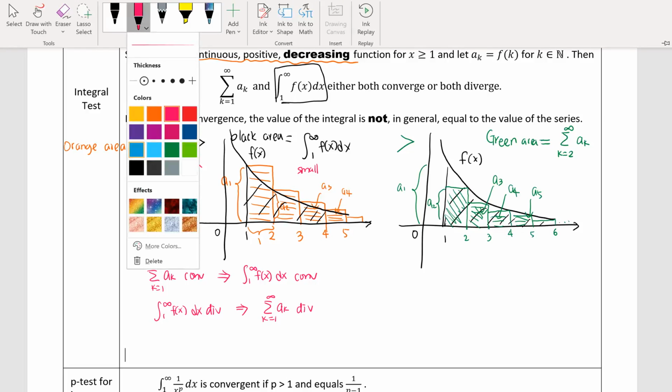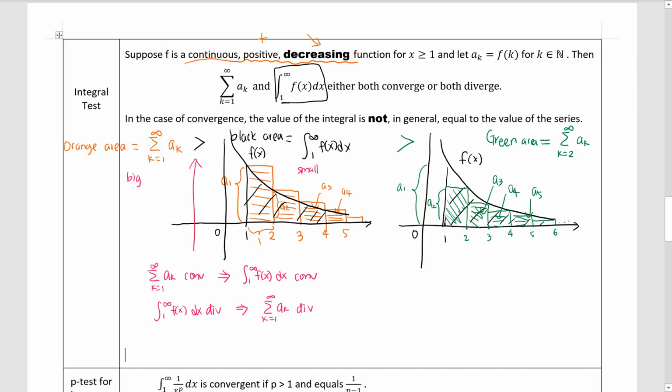Alright, and how about the second picture? Well, the second picture tells us that, from this inequality sign, we know this is the small guy, and now this is the big guy. So if the big guy converges, that implies the sum k from 2 to infinity of a sub k converges.